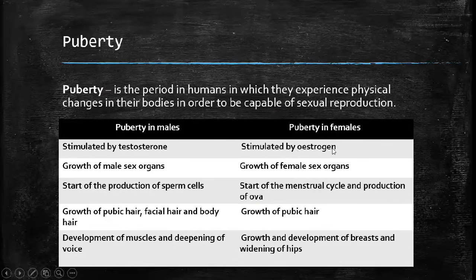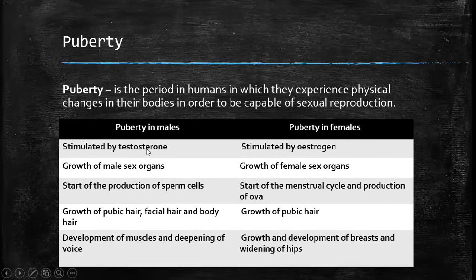This is also a very important hormone, which I'm going to discuss with you when we do the menstrual cycle. And then we have the growth of male sex organs. Testosterone enables the growth of male sex organs or the development of sexual characteristics of a male. The very same thing estrogen does is that it grows the female sex organs or sexual characteristics.